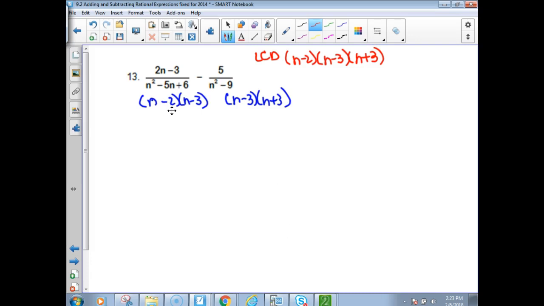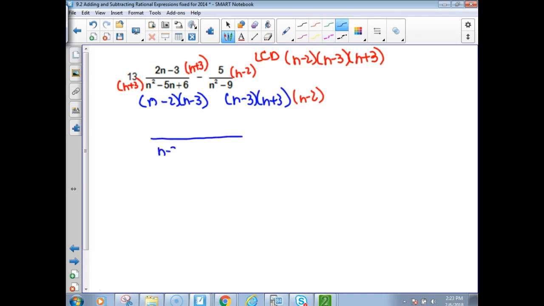So what's missing from the denominator of the first fraction is the n plus 3. So I'll have to do times n plus 3 for the first fraction. But the second one I'm going to have to multiply by n minus 2.